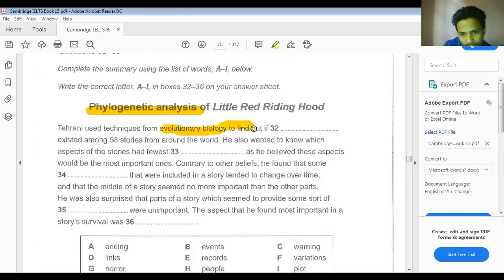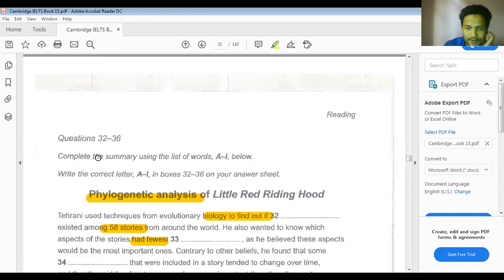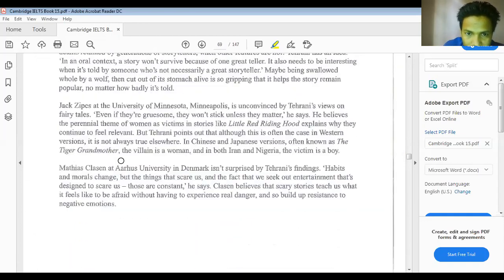evolutionary biology to find out if a relation existed among 58 stories from around the world, and he also wanted to know which aspect of the stories had the fewest. Also he believed this aspect. Let's read 58. We got the answer here.